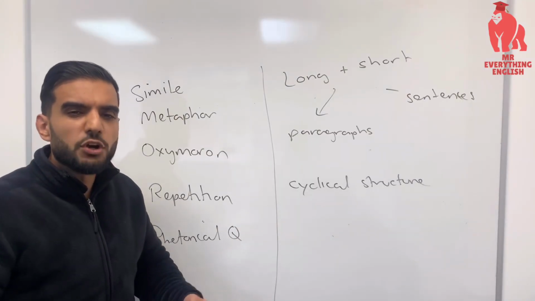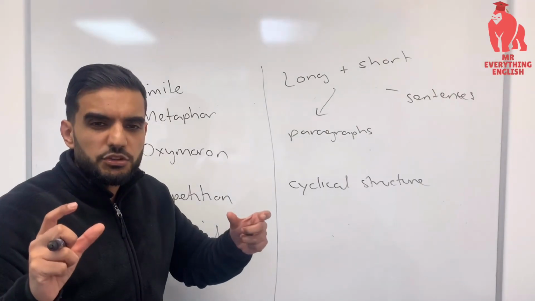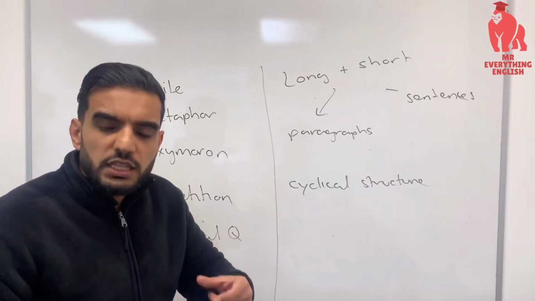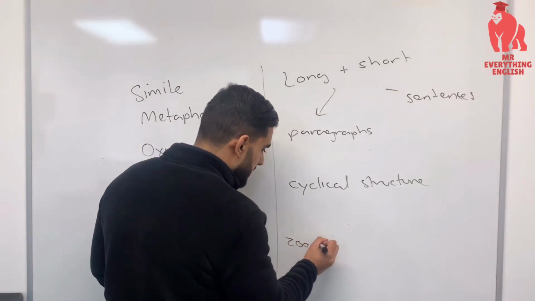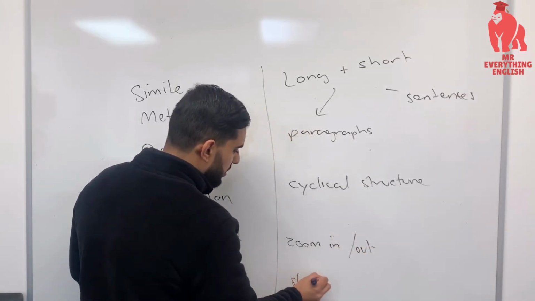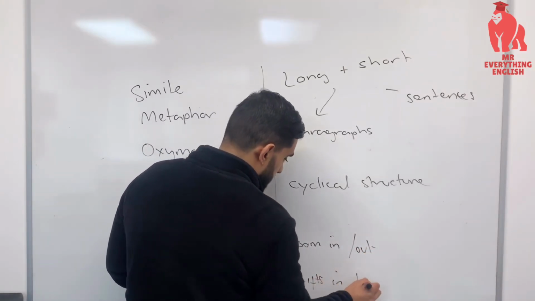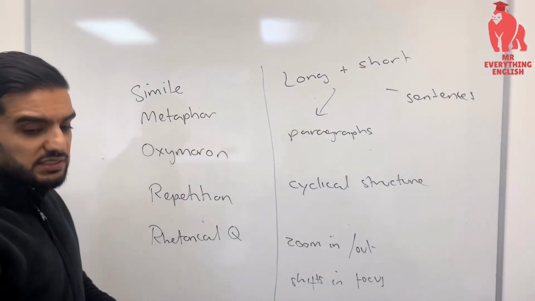So for example, if the opening is very dark and gloomy and horrific, the ending may be similar. Now then you've got things like zooming in and out, you've got shifts in focus, new characters, and so on. So guys, that's the fundamentals.